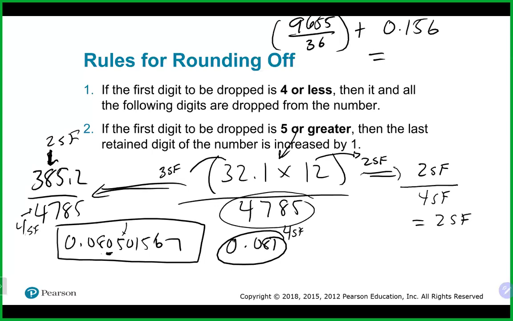Okay, so let's take a look. In this case, we would probably do the division first. So I'm going to take 9655 and divide it by 36. That's going to give me on my calculator, I'm just going to write the whole number here so you can see, 268.1944444. And that's basically what we get coming out of this part right here.